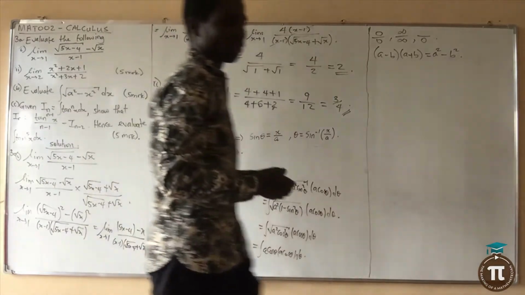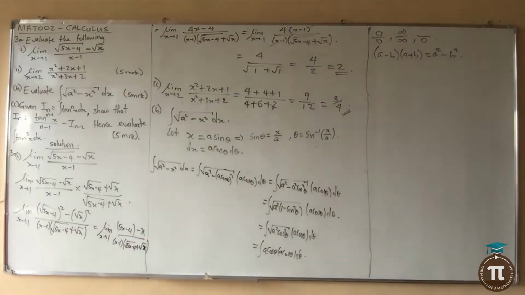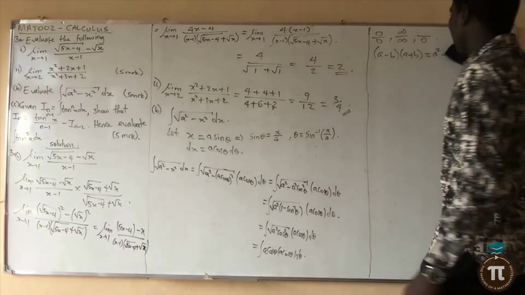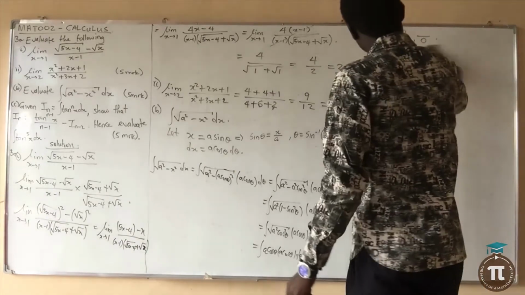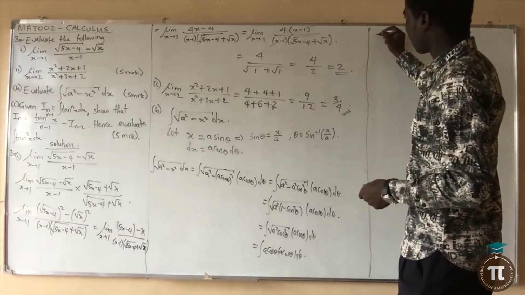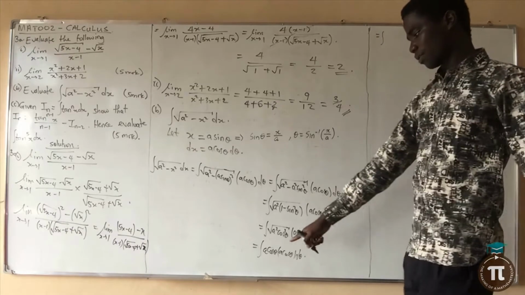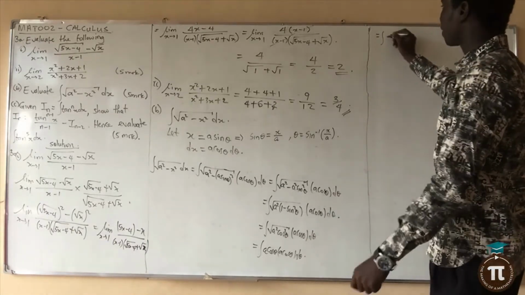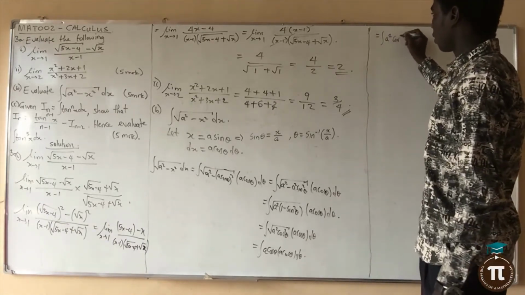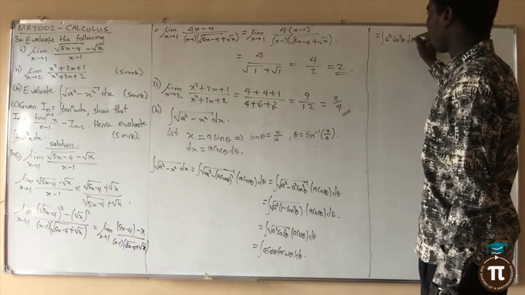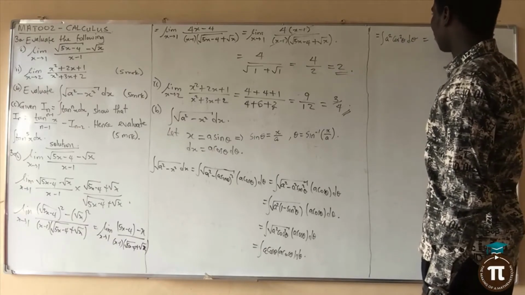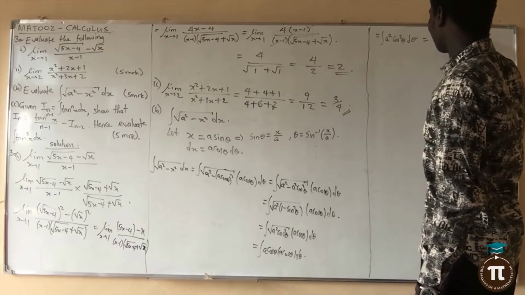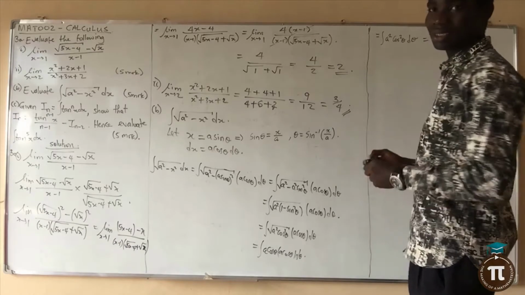So eventually this is what we are going to get. We have the integral of a multiplied by a, which will give me a squared cos squared theta d theta, and a squared will come out, then you are left with cos squared theta d theta actually.